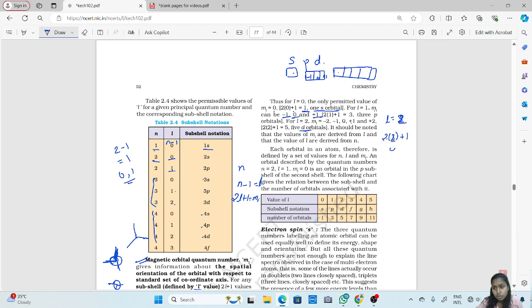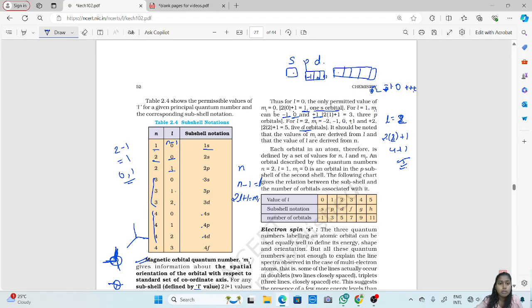Now 2 twos are 4 plus 1 equals 5. So total 5. 5 means you will have 0, plus 1, minus 1, plus 2, minus 2, right?